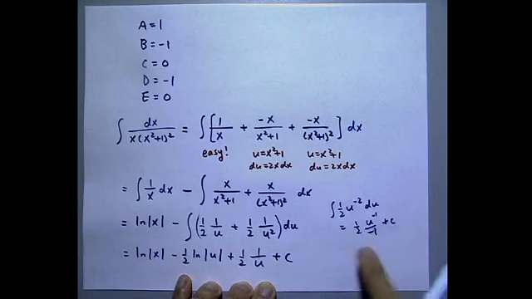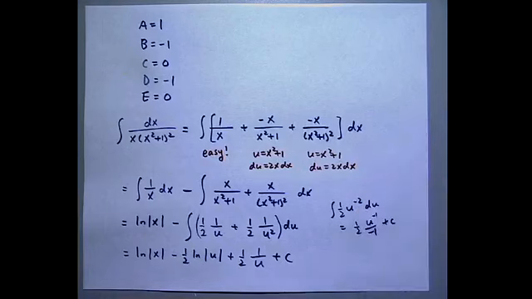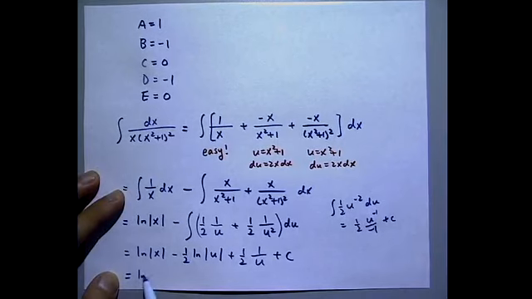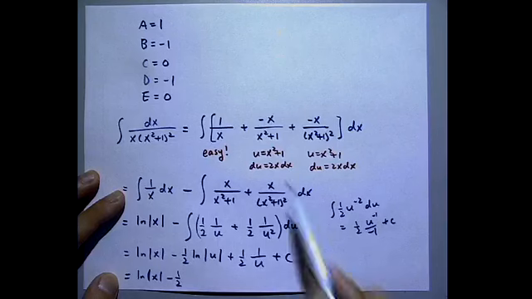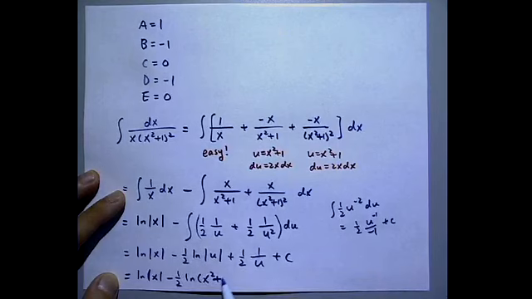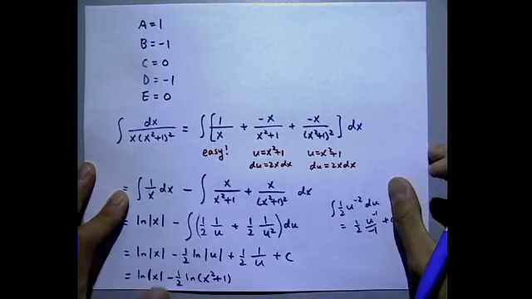So yeah, we should get minus 1/2 1 over u. Okay, now let's put the u back. And what is u? X squared plus 1. So I don't need the absolute value, but it's not wrong to have it.